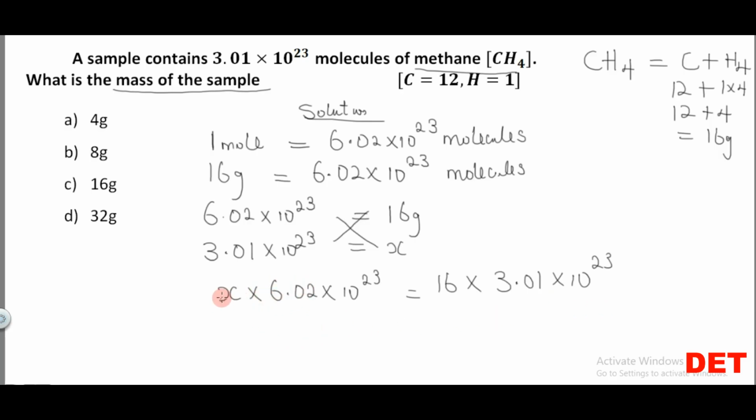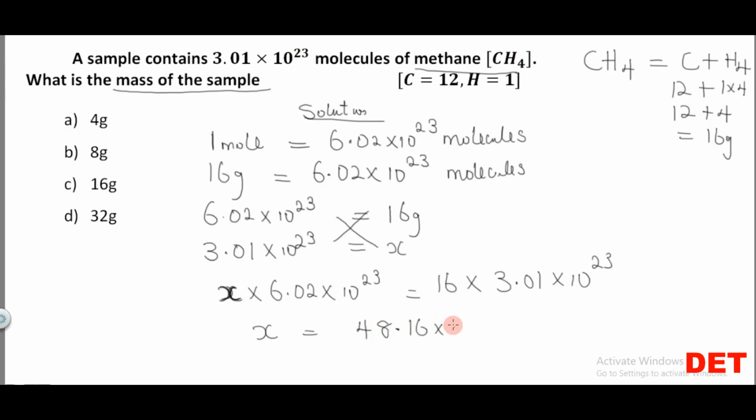To look for the value of X, I will divide both sides by the coefficient of X, which is 6.02 times 10 raised to the power 23. So X is equal to 16 times 3.01. 16 times 3.01 will give us 48.16.